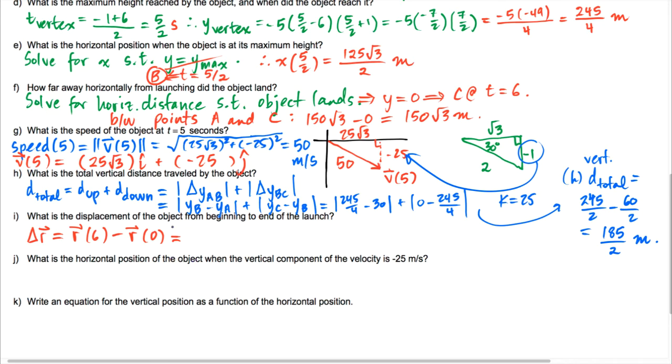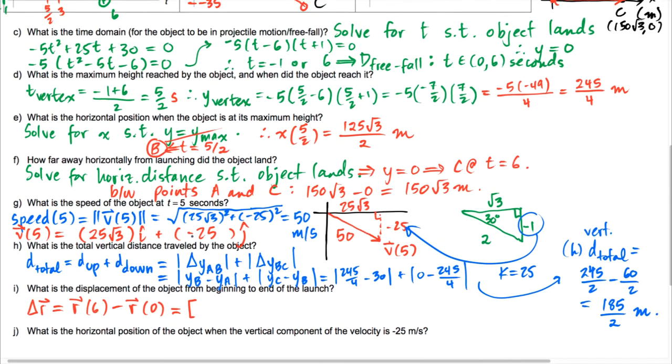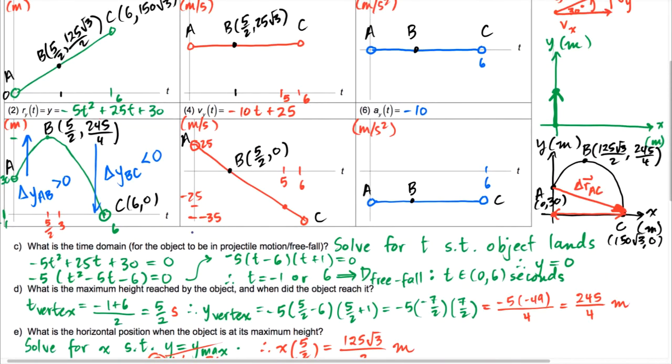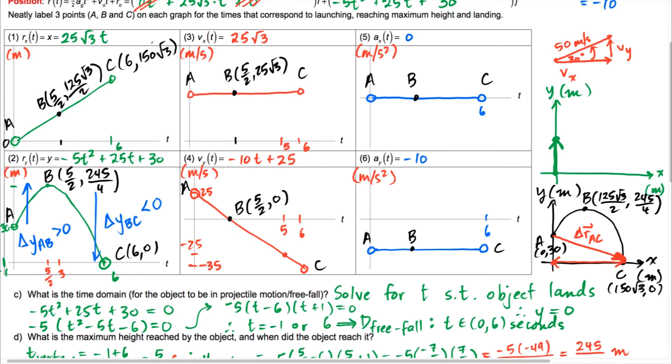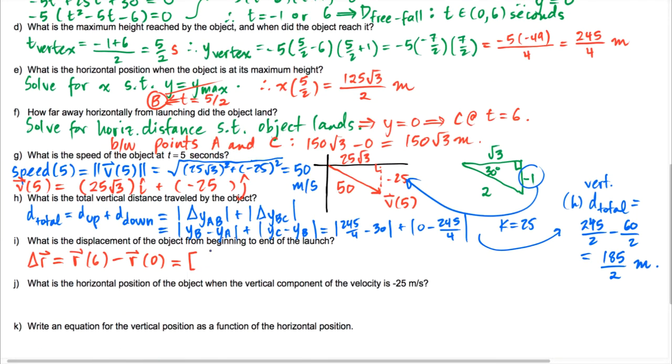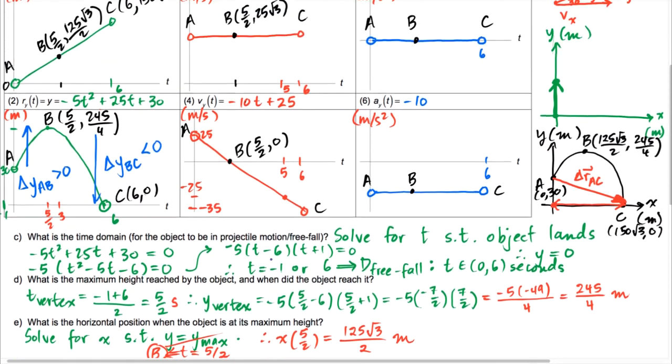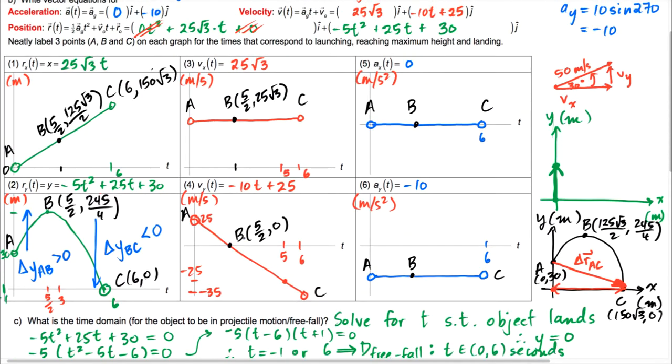i hats and j hats. So I'm not going to use i hats and j hats right now. I'm going to write my final position vector, which is going to be 150 root 3 comma 0. And then I'm going to subtract my initial position vector, which is, oh sorry, this is 0, 0, isn't it?